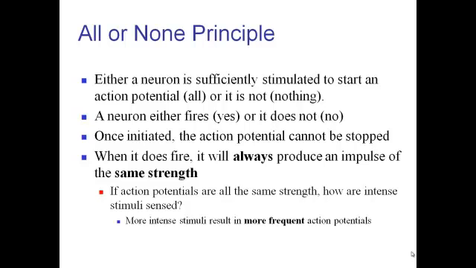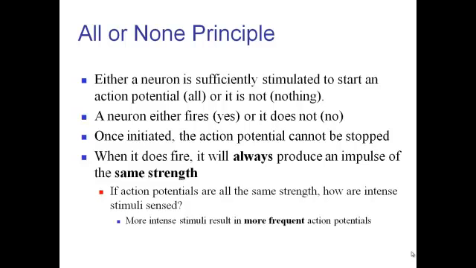The neuron is active or not. And once initiated, it can't stop. Once the action potential is started, it's like a domino effect. One gate opens up, it triggers the next gate, and the next one, and then the next one, all the way across the axon. So the action potential, once it starts, can't be stopped.